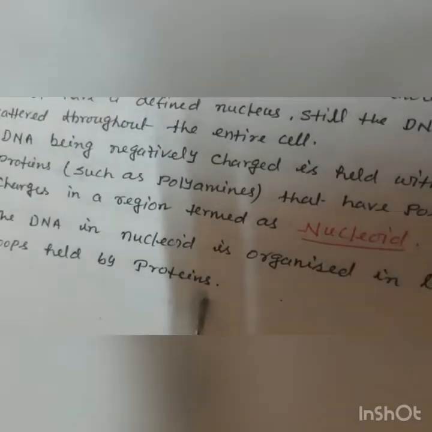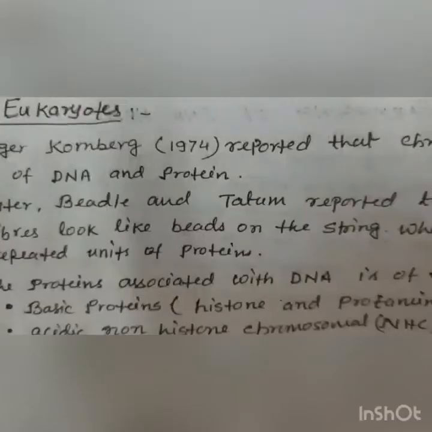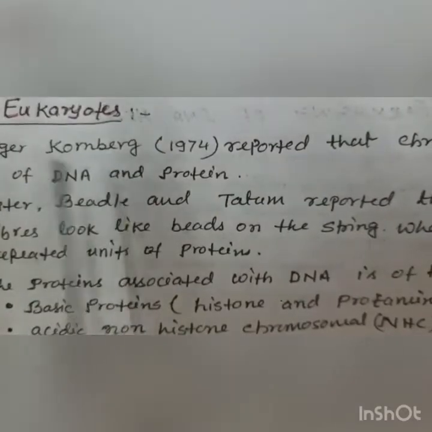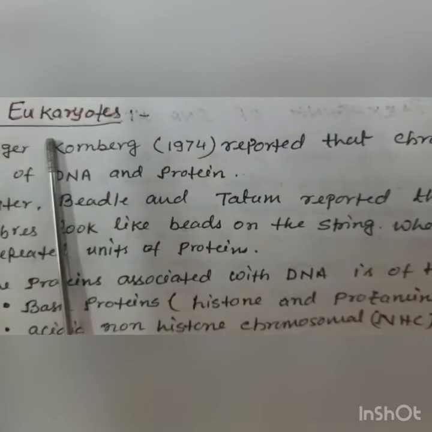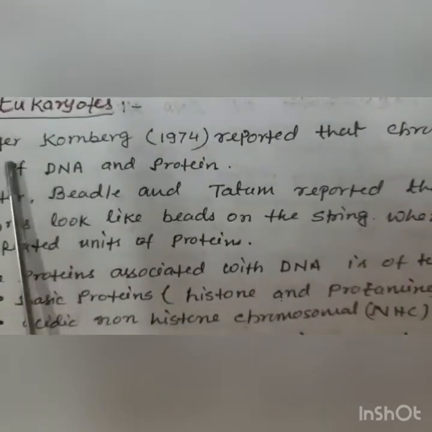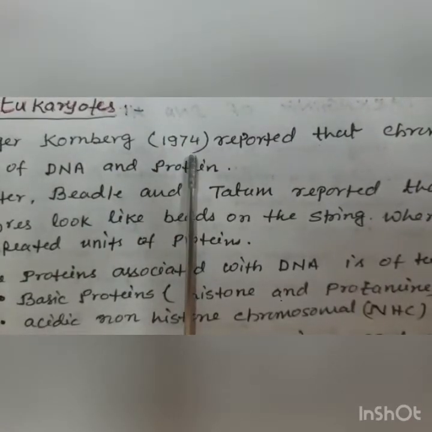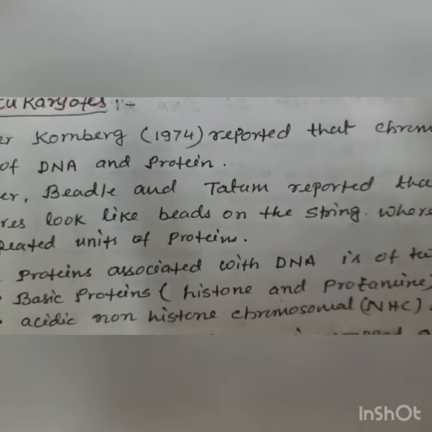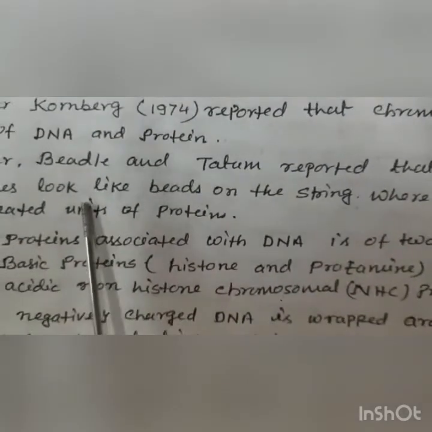Let us see how the DNA is arranged in case of the eukaryotes. Yes, my dear students, now you have to see how does it accommodate in case of the eukaryotic cells. Roger Kornberg in 1974 reported that chromosome is made up of DNA and protein.